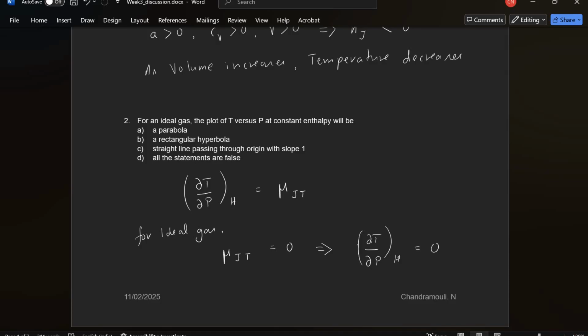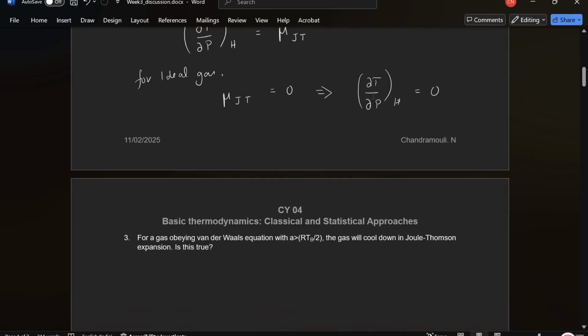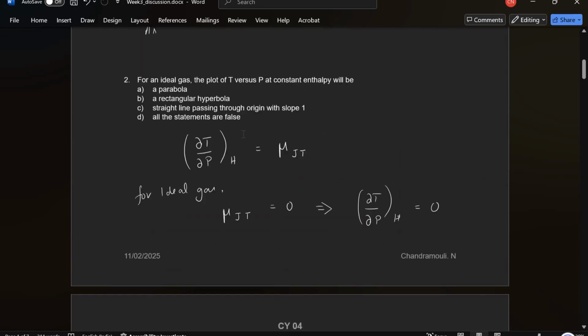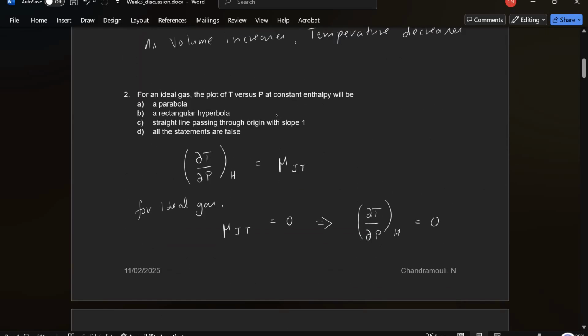So, since this is 0, that means if you draw a graph of T and P, the slope is going to be 0. Since the slope is 0, it's just going to be a straight line. It's going to be a straight line with the same T for all pressure values. So you put P and then you have the same T. All right. So let's see.